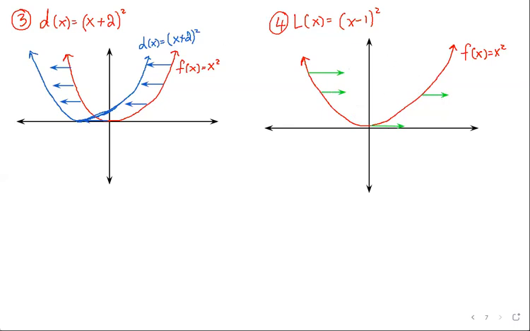Now the graph will look like this. So this is L of x. Everything's squared. Okay.